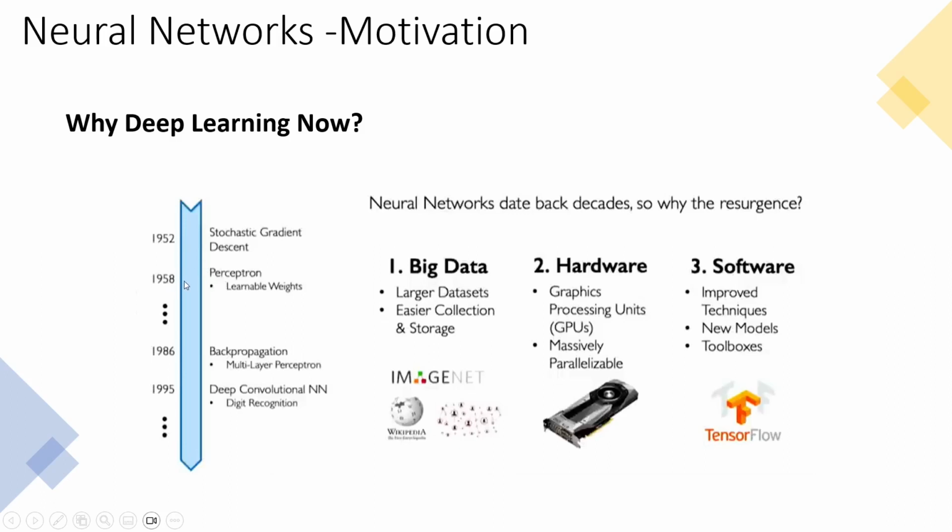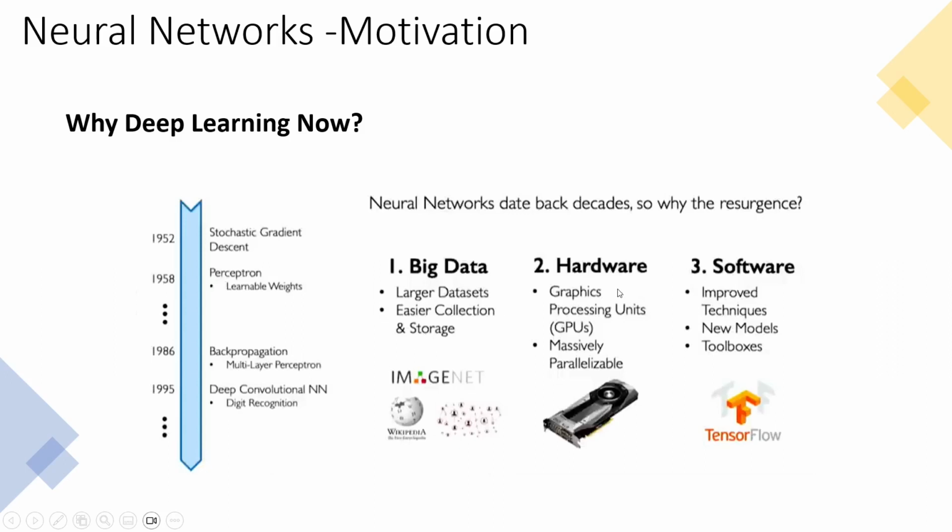But there were three major problems using neural networks. First of all, you need a lot of data for neural networks, and in those ages, in the 50s and 60s, you didn't have a lot of data, and you didn't have enough storage for this kind of data. But now we have larger databases, and data collection and data storage are much easier.